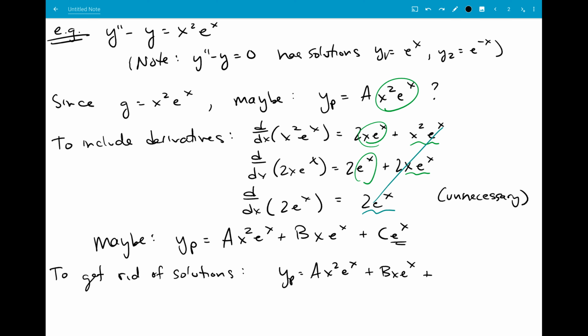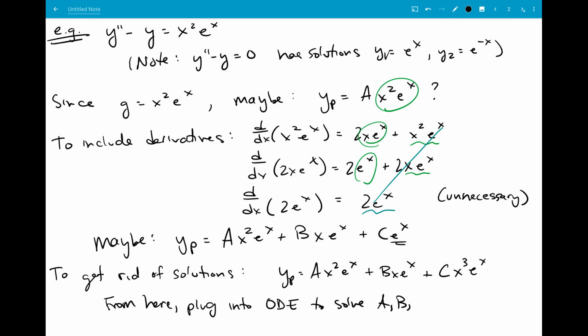So I'm going to have to go ahead and add on powers of x until I don't have an existing solution anymore. That's going to be up to x cubed. And then from there, you could just plug into the ODE to solve for A, B, and C.